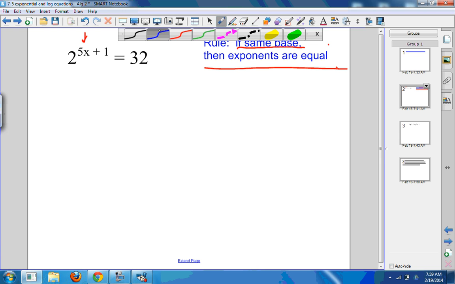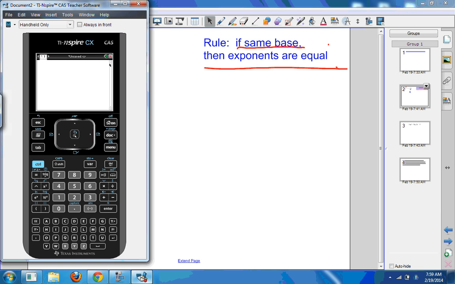If I can get both of my bases to be the same, then I can make the exponents equal to each other. I think 32 I can change to a base of 2. Let's look. I believe that 2 to the 5th power is equal to 32, and it is.